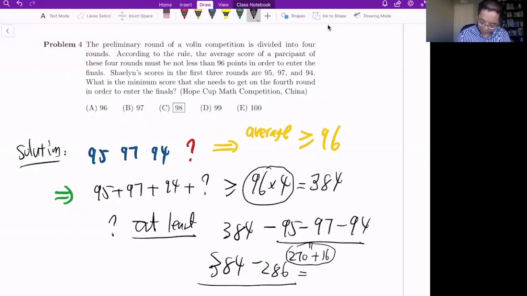When you do the calculation, you get 98. So she needs to get at least 98 in the last round in order to qualify for the final. This one just tests the basic concept of average.